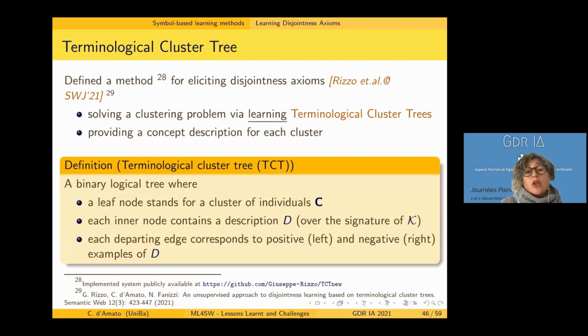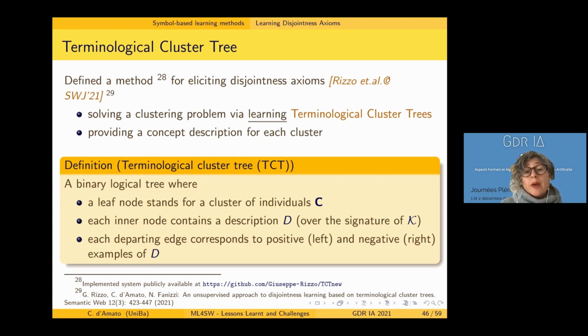Specifically, a terminological cluster tree is a binary logical tree where each leaf node stands as a cluster of individuals, while each inner node, including the root of the tree, represents concept descriptions with respect to the signature.